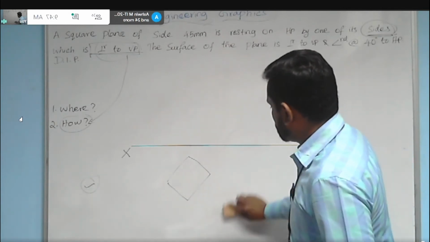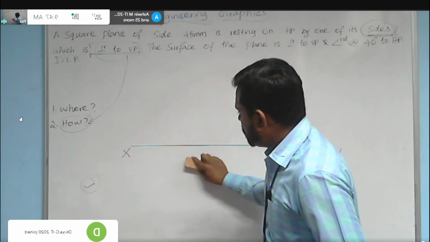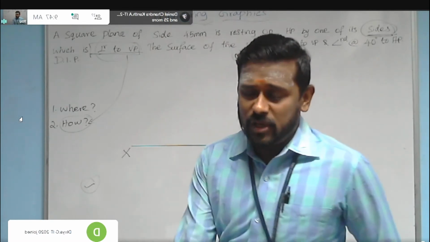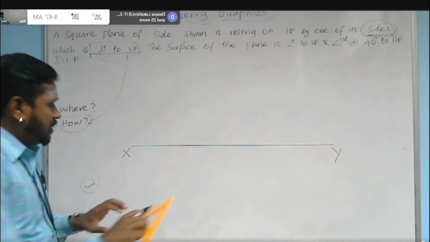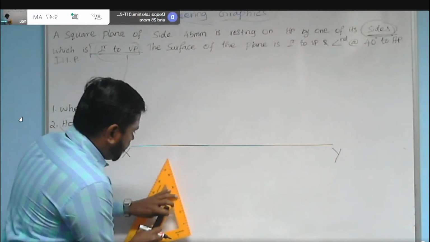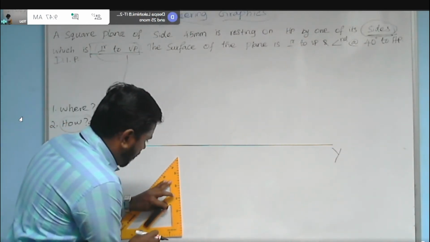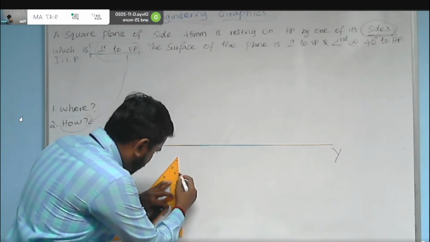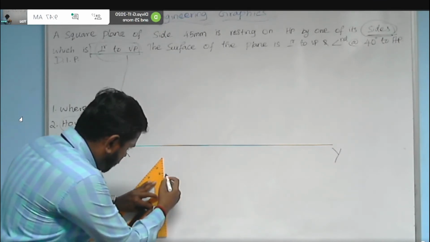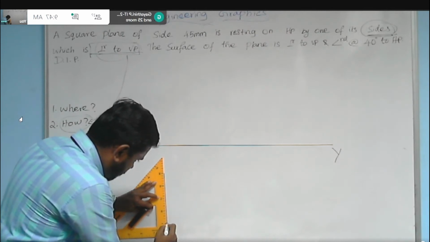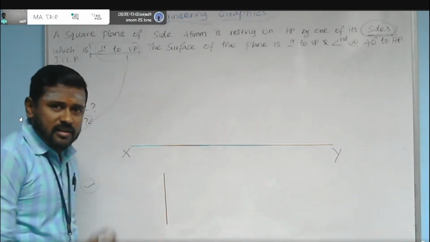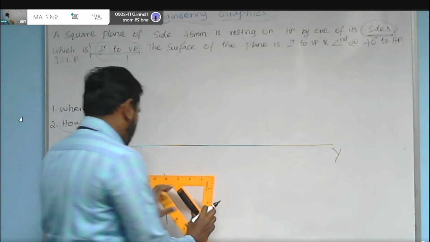So in this question, one base side should be perpendicular to VP. So I am making first one base side perpendicular to VP, and then draw the remaining sides.